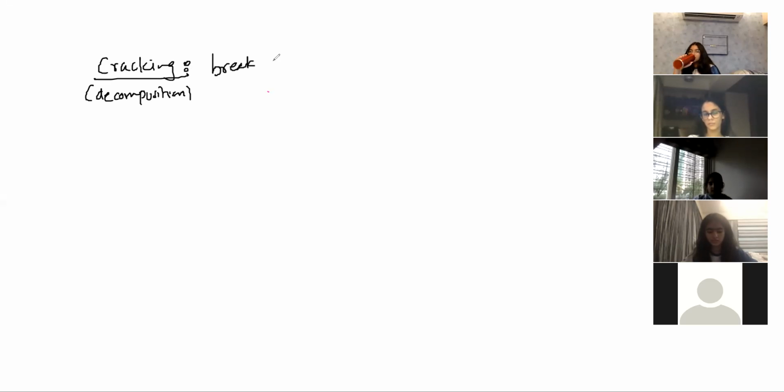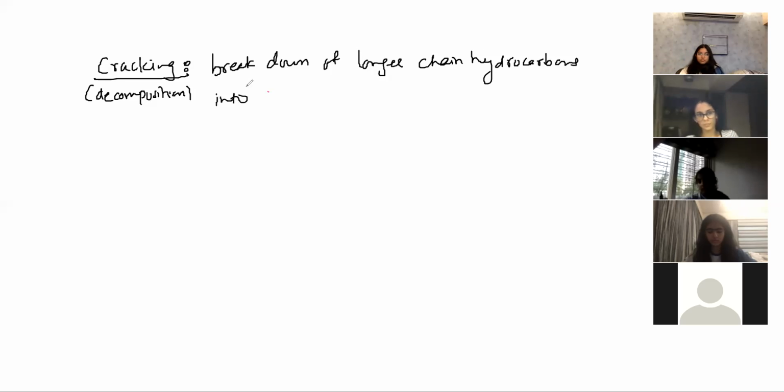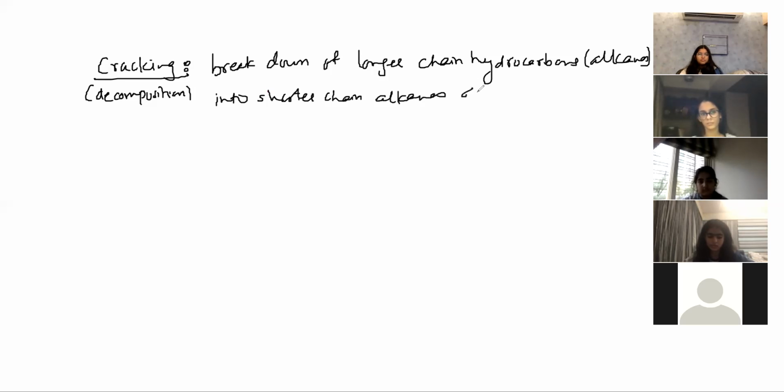Cracking means it's a breakdown of longer chain hydrocarbons, which are usually alkanes, into shorter chain alkanes and alkenes.